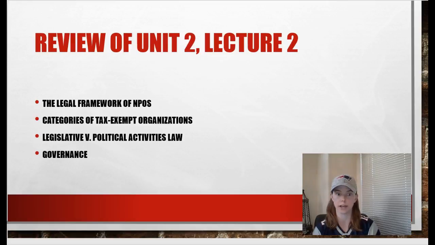All right, so as usual, we begin the lecture with a review of last week's lecture. That was Unit 2, Lecture 2. And the focus of that lecture was on the Hopkins and Gross chapter that explored the legal framework of the nonprofit sector. In particular, that chapter reviewed some different categories of tax-exempt organizations. So beyond the 501c3s or private charities that we typically think of, this got into veterans groups, fraternal organizations, and different types of categorizations that exist within the IRS designation.